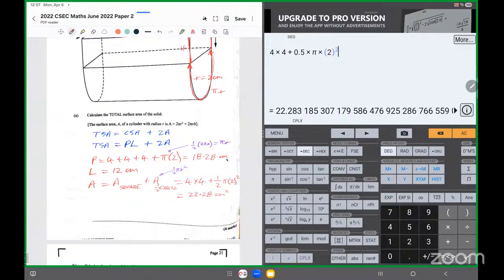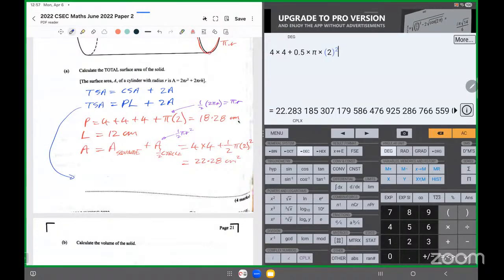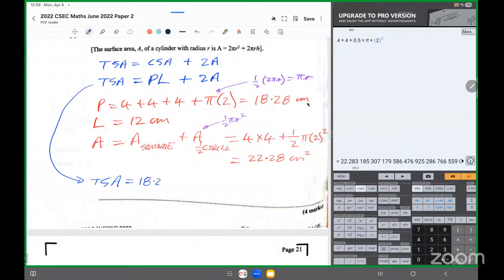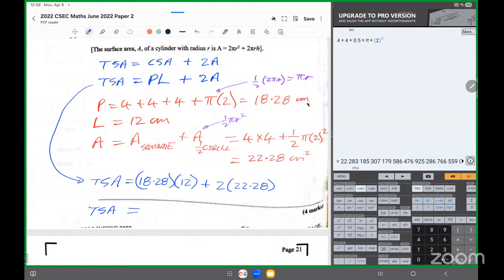And then let's plug everything in to get the total surface area. The total surface area becomes the perimeter of the end, which is 18.28, times the length, which is 12, plus 2 times the end area, which is 22.28.